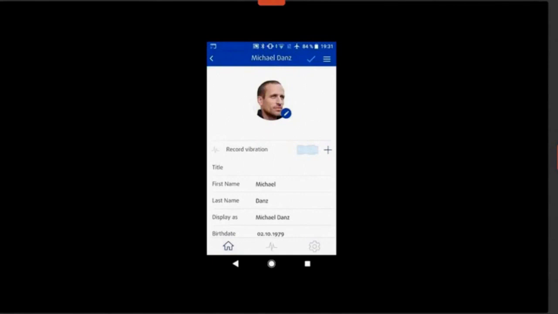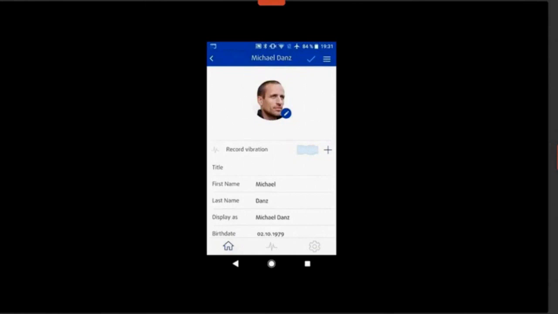This vibration, which is being recorded here, and which you see as this little blue line, is there so that Healy knows with whom it's dealing, who to identify in the global information field. So that makes me unique.